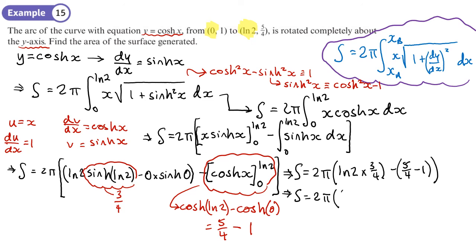So I'd probably want to put the 3/4 in front of log 2, or I could write log 2 to the power 3/4. I'll leave it like that. Then we're going to be taking away 1/4. Now it's fine to leave your answer like that, or you might decide to take this 1/4 out as a factor, which means dividing this by 4. 2 pi divided by 4 is going to be pi over 2.